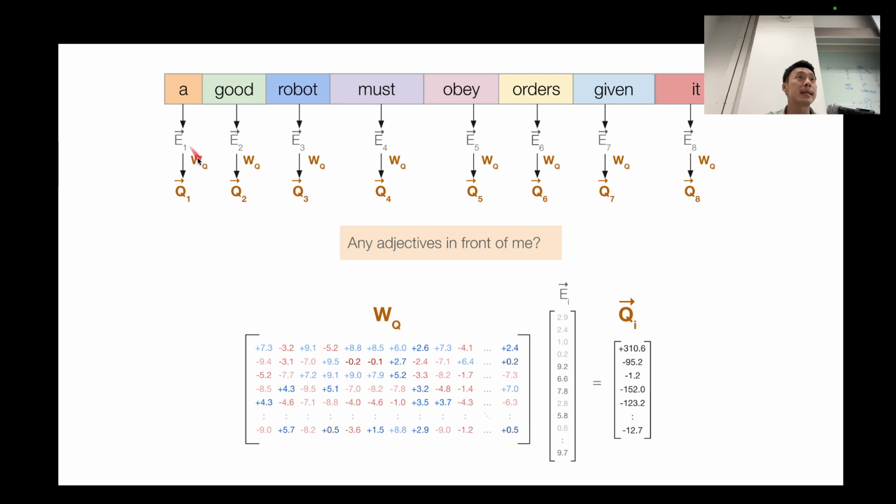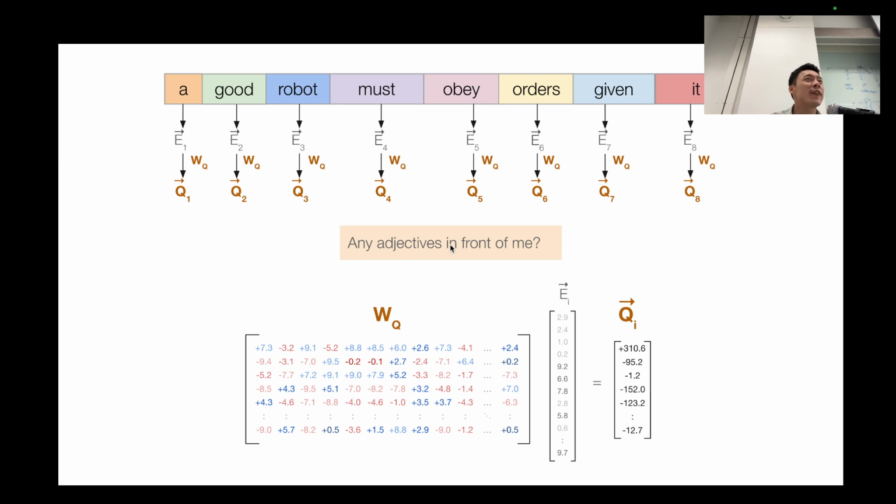Once you have that embedding, you multiply it with this WQ. WQ, this is a matrix that would convert. Okay, so whenever you see matrix multiplication, think about it as a conversion. It converts something into something. So WQ convert embeddings that are not contextualized into query vector, okay?